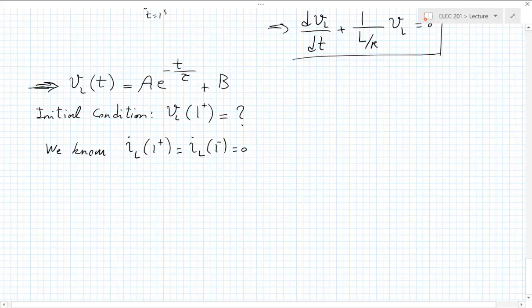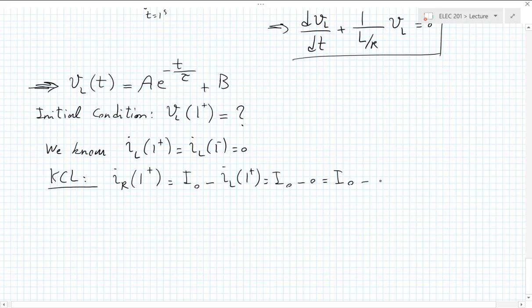So KCL tells us that IR of 1 plus is I naught minus IL of 1 plus, but the latter happens to be 0. And so therefore, the voltage of the resistor at 1 plus is simply R I naught.